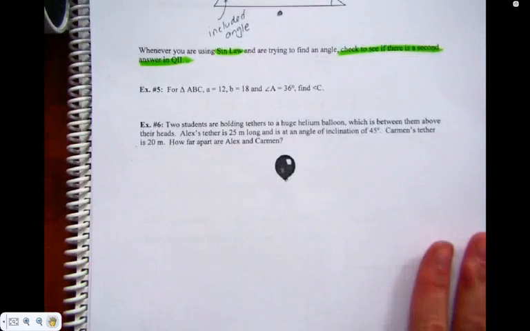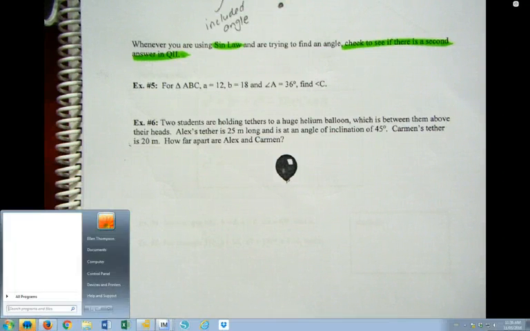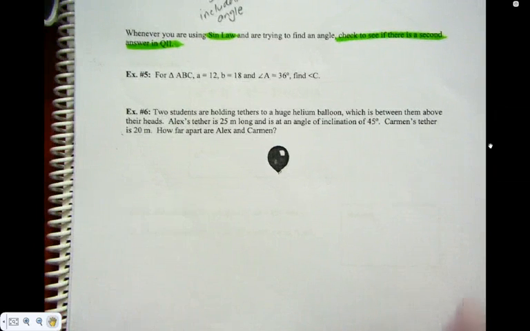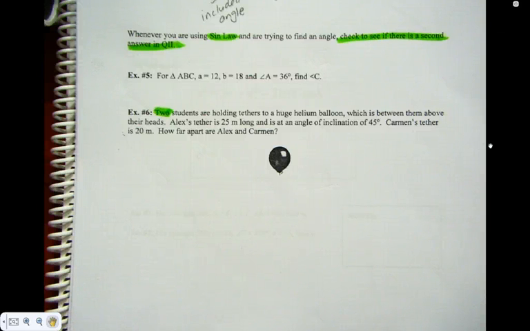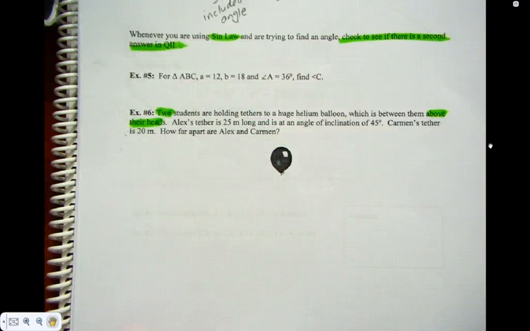Oh, word problem. Read to read. What would you like to highlight? Another key word in that sentence.